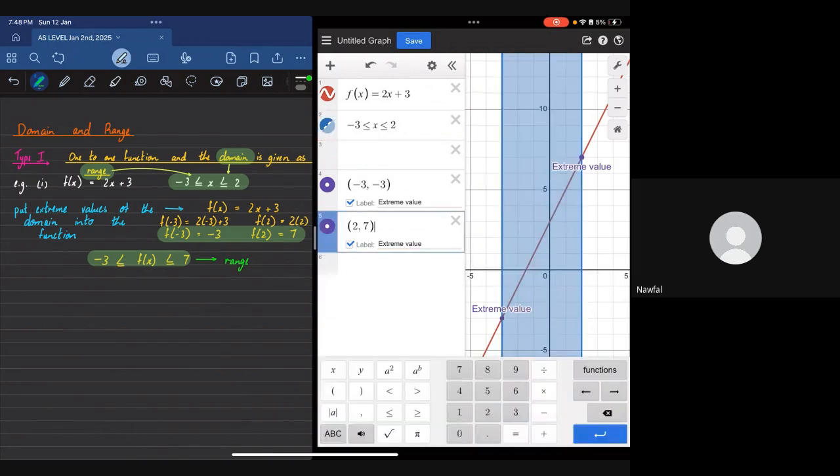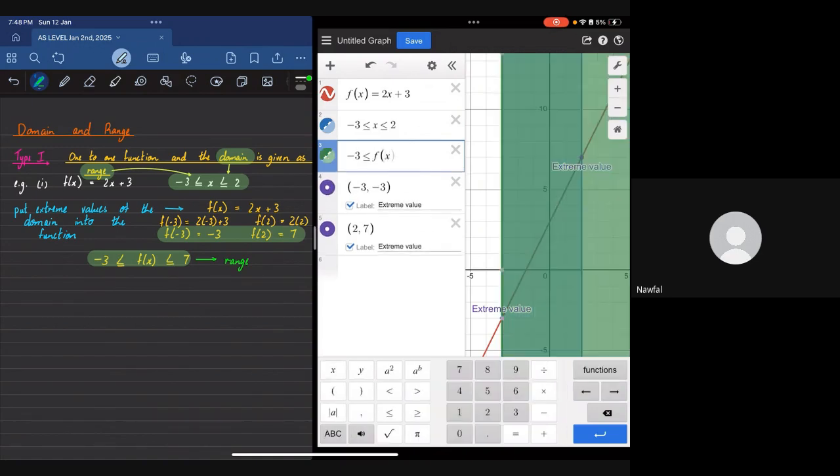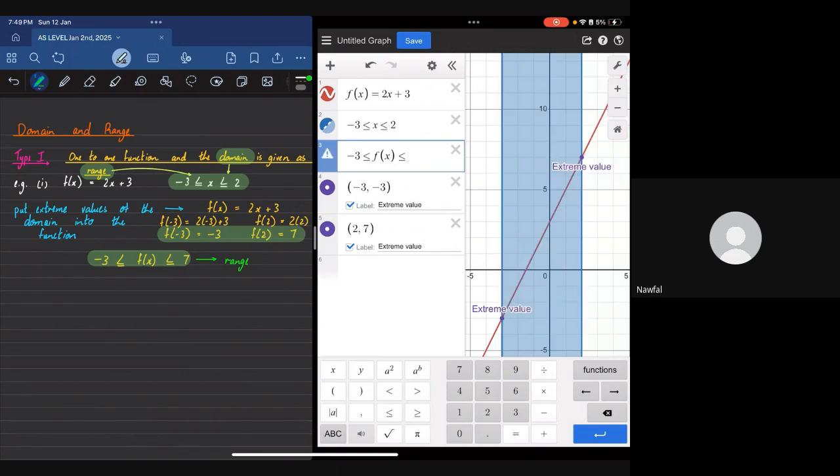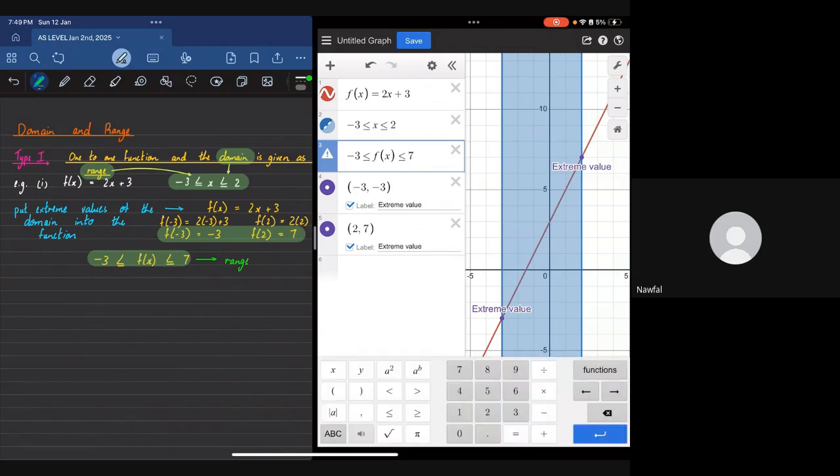All right. Hopefully this is clear. Now, what is my range going to be? If I put it into my range, that is going to be f of x less than or equal to 7. Why is it not responding to me?